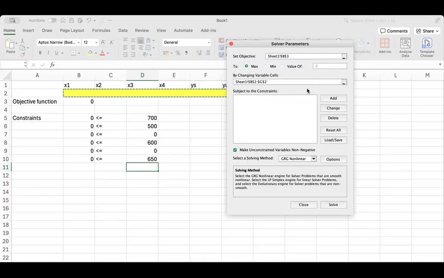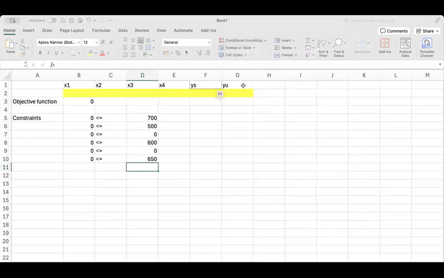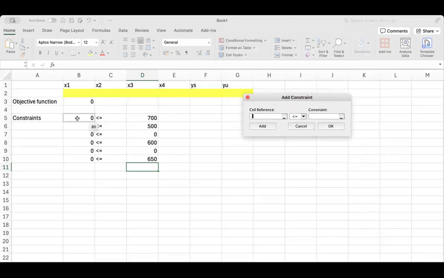Now we move to the constraints. For subject to constraints, click add. On the left-hand side, you see that all the constraints we have here are in the same sign, right? Less than or equal. Then we can select multiple cells like this and select less than or equal.